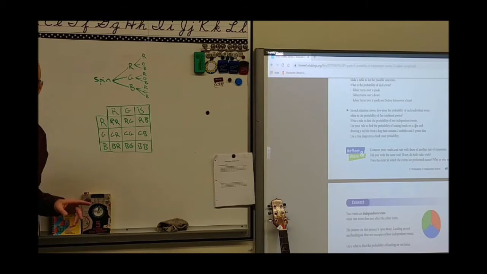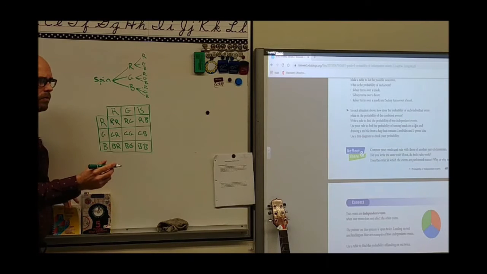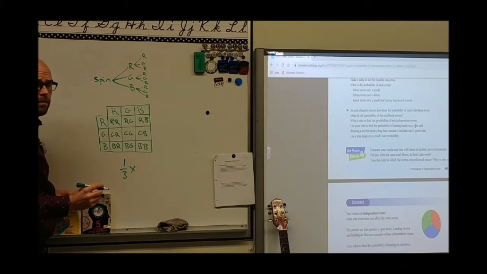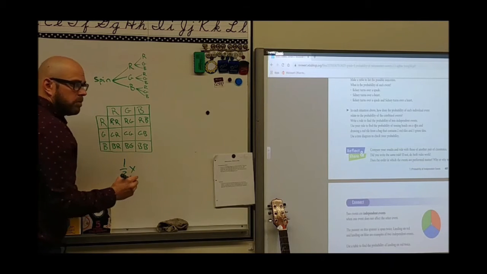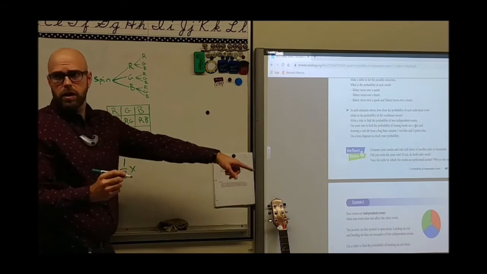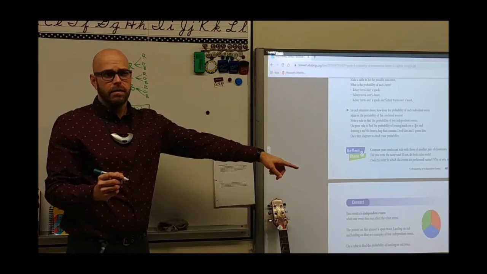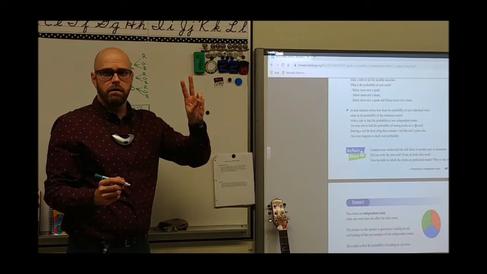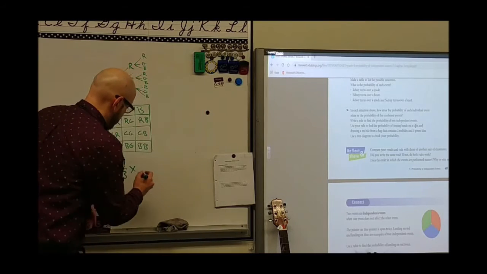What are the odds? 1 out of each spin, 1 out of 3. And then the second spin, what are the odds? Well, there's only 3 outcomes. What are the odds I get a red? 1 out of 3.